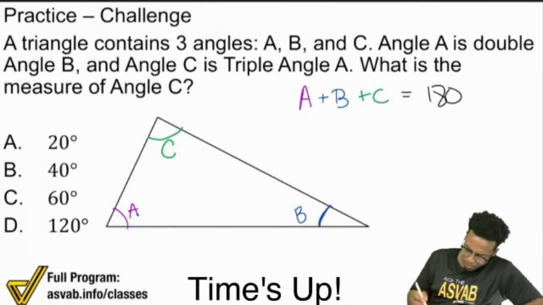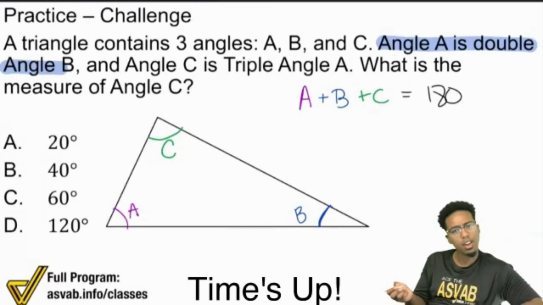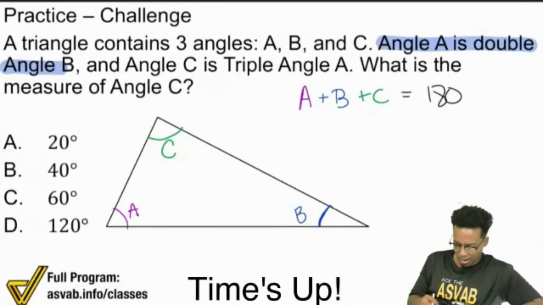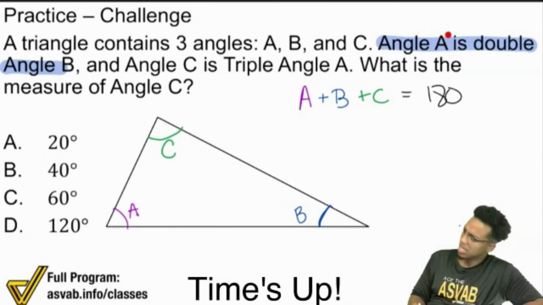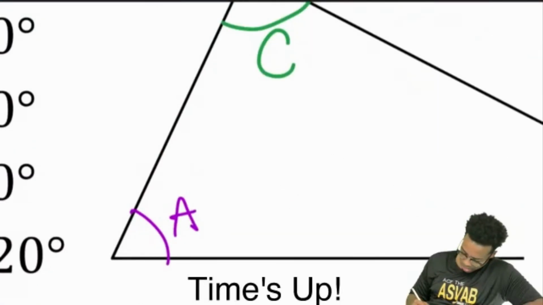So everybody, one thing I noticed here was that it says angle A is double angle B. I think we all saw that, right? Let's read it again. Angle A is double angle B. So is it fair to say that we could replace angle A?